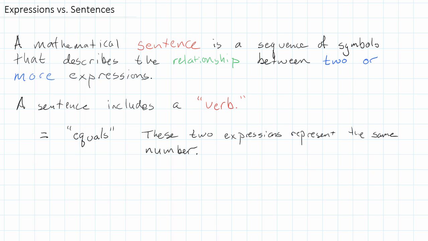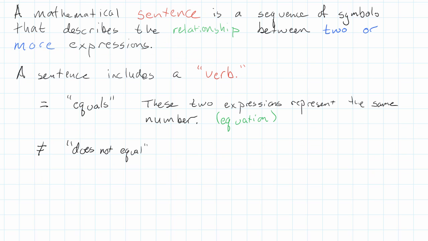When the verb in the sentence is equals, the sentence is called an equation. A closely related verb is does not equal. When you see does not equal, well, that means the opposite of equals. It means these two expressions represent different numbers.